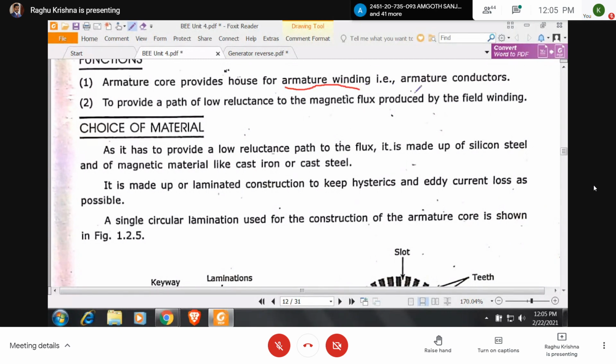So armature windings are made up of armature conductors. If you have the armature core, then only you can put the armature conductors on it. It also provides a path of low reluctance to the magnetic flux produced by the field winding.